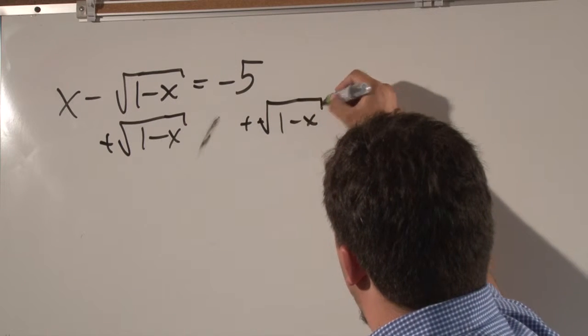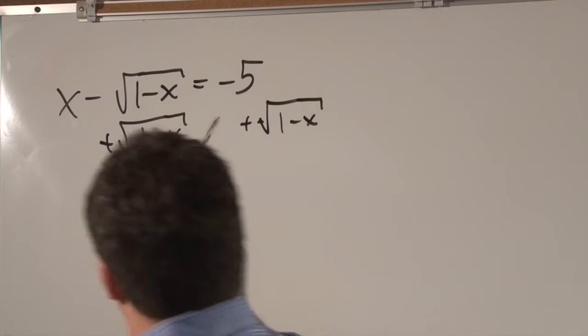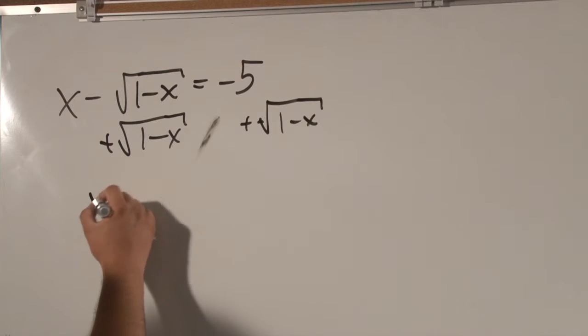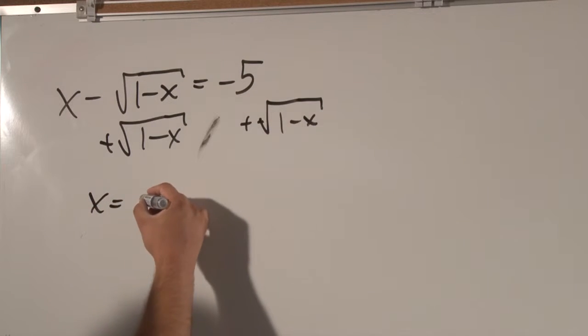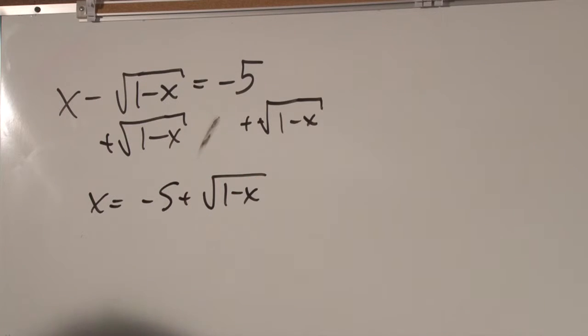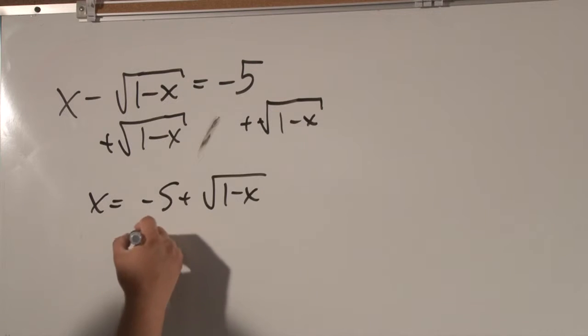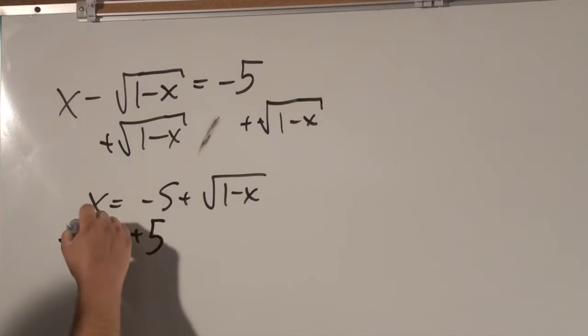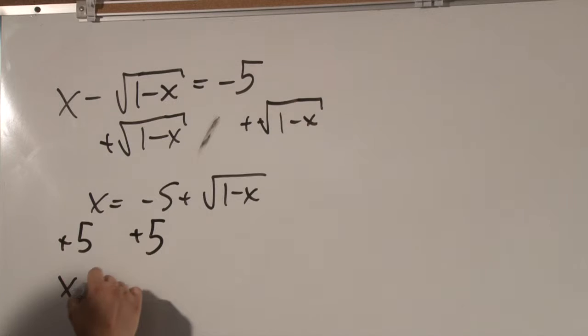Just like that. So now I end up with x equals -5 plus square root of 1 minus x. Now I still haven't gotten the radical by itself yet, but all I've got to do now is add the 5. And it gets rid of almost all of my negatives, which is why I wanted to go that route. Sometimes you want to look ahead and see where you might end up.